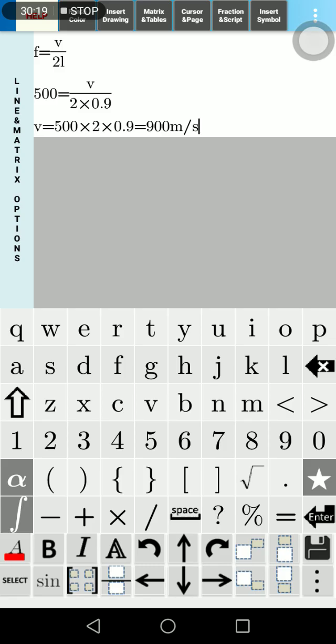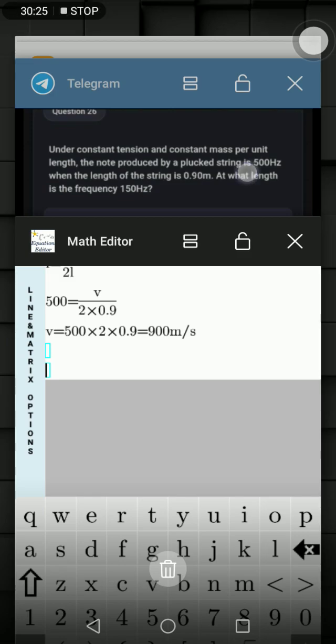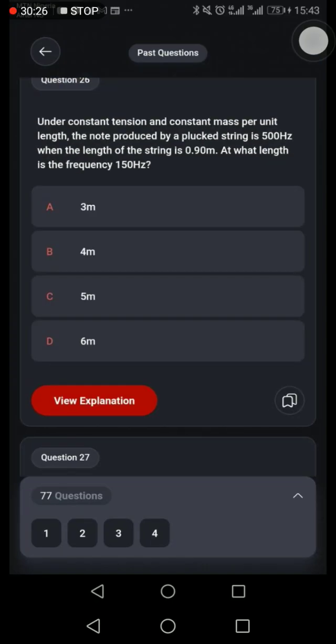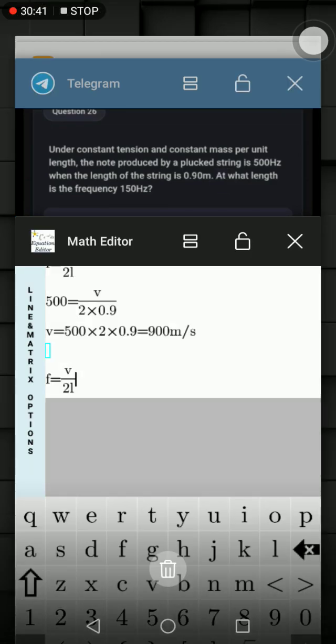So the velocity will remain the same in the second case scenario. Now in the second case scenario, we are asked to get the length. So we are still using the same formula again, F equal to V over 2L. The V is still going to be that 900. The frequency in this case they gave us as 150.